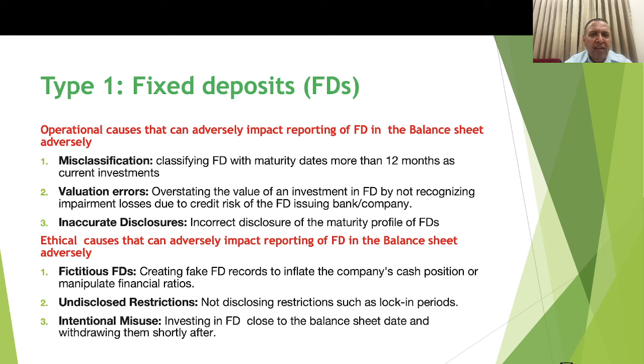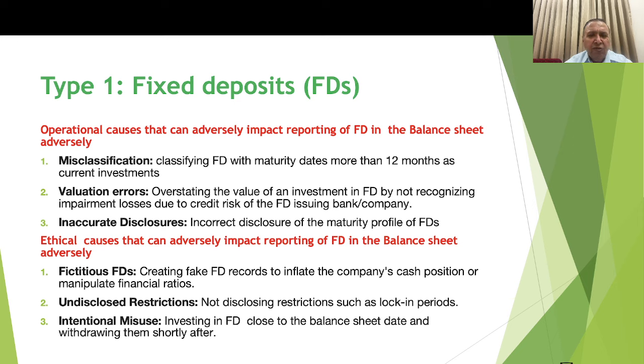Operational causes that can adversely impact reporting of the FDs in the balance sheet. Number 1 is misclassification, that is classifying FDs with maturity date more than 12 months as current investments. This can lead to incorrect reporting in the balance sheet. Second, valuation errors, overstating the valuation of the investment in the FDs by not recognizing the impairment losses due to the credit risk of the FD issuing bank or the company, usually the company.